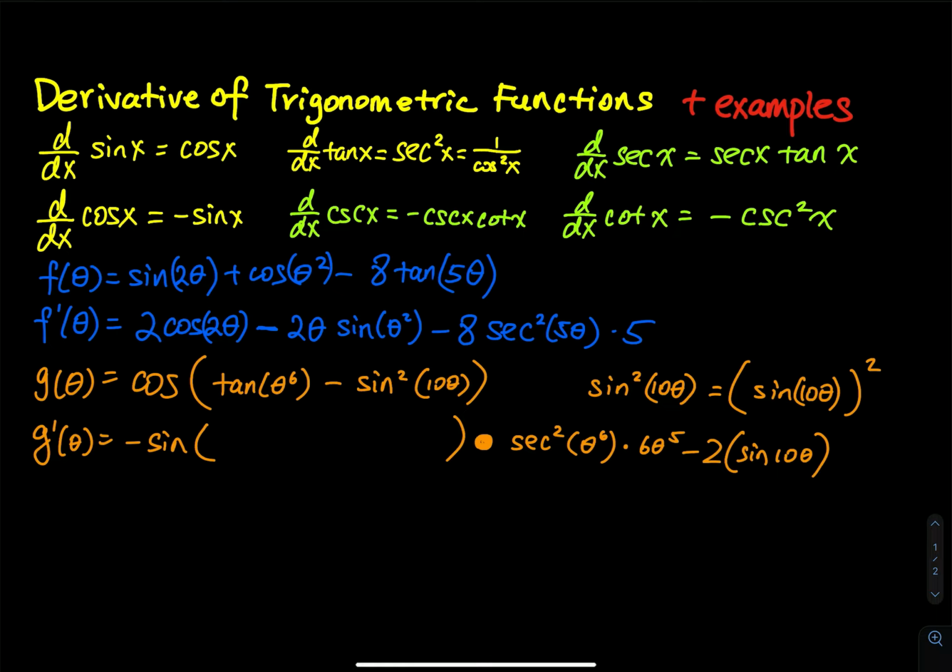And then you also need to take the derivative of sine of 10 theta using the chain rule, so we have cosine of 10 theta, and then multiply 10. And then this entire piece is multiplied by the sine of this, right?